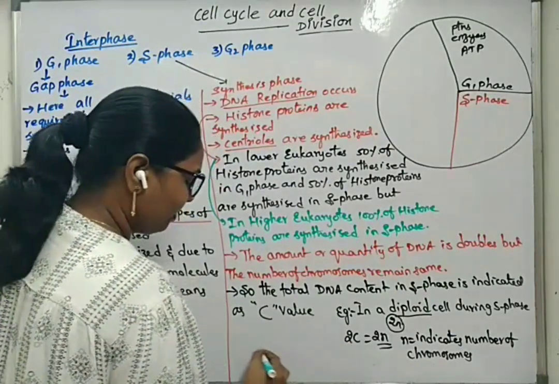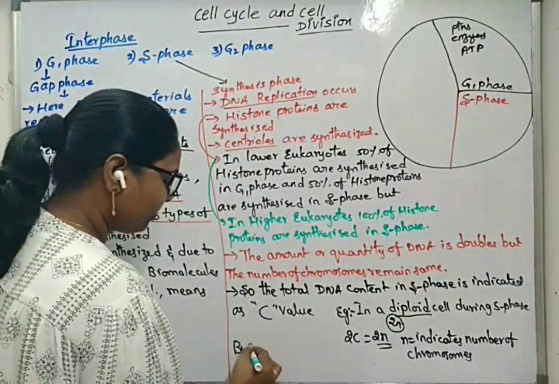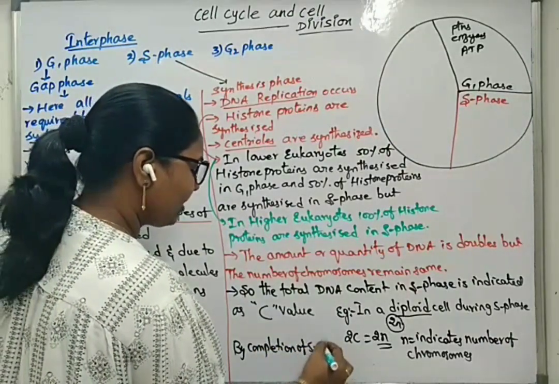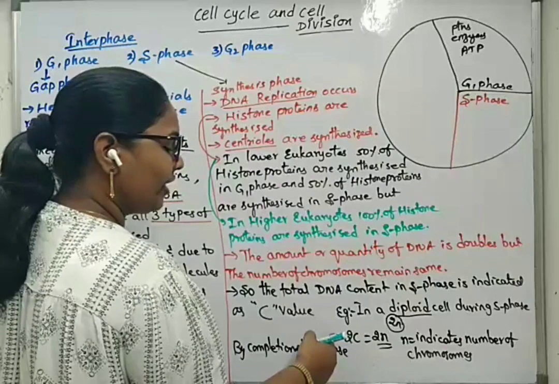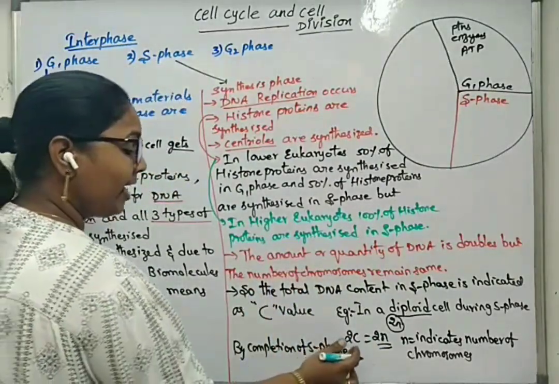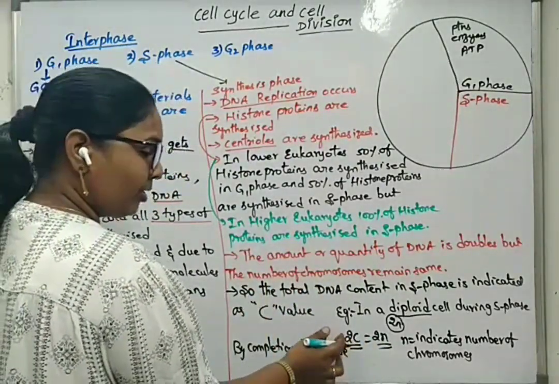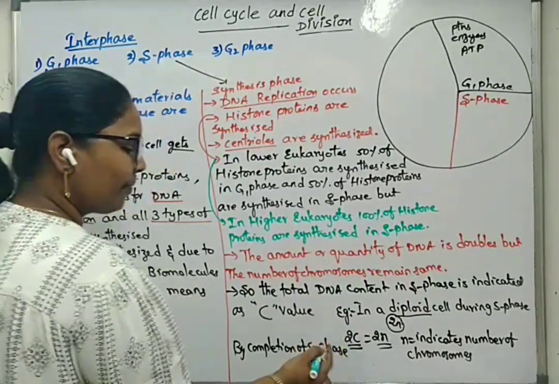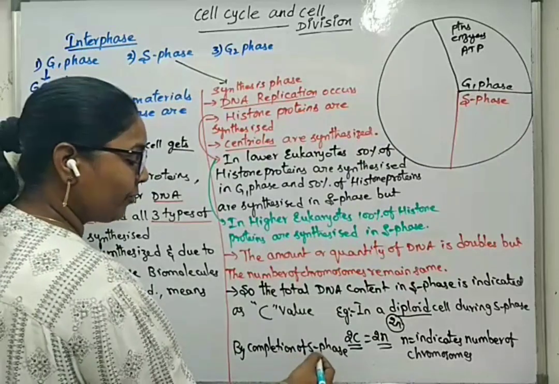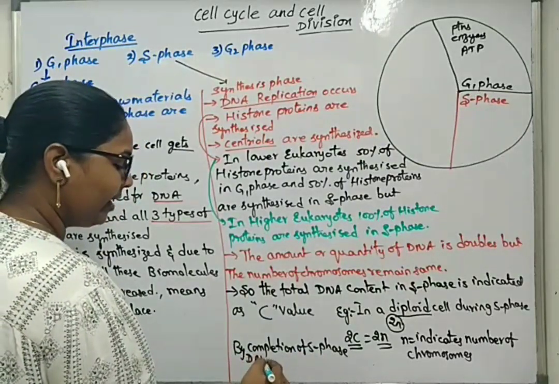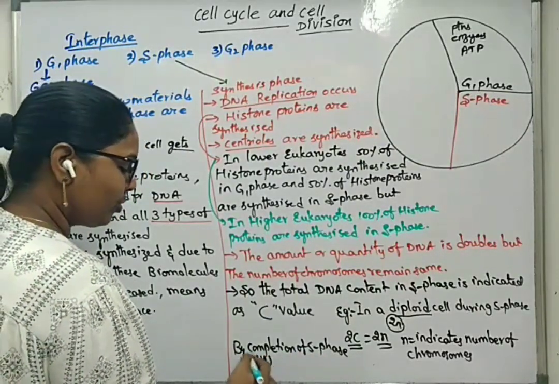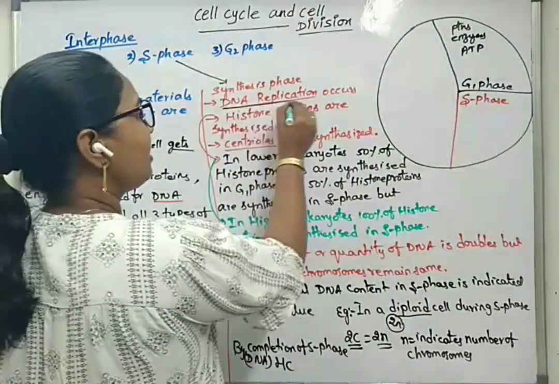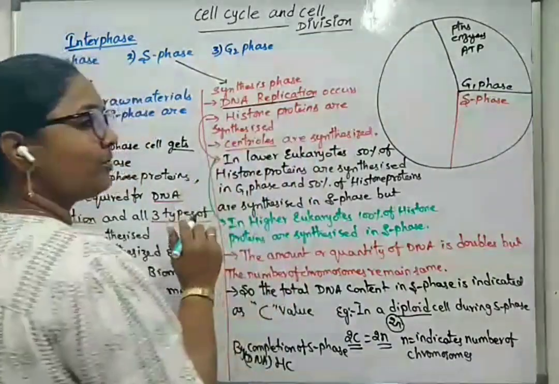So, by the completion of S phase, what will be the value of DNA and also chromosomes? The total content of DNA present at the beginning of S phase will be 2C. So by the completion of S phase, DNA will be doubled. So DNA will be 4C, because DNA replication means formation of another copy.